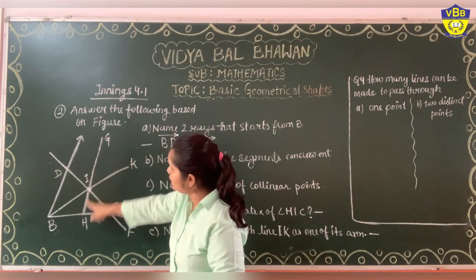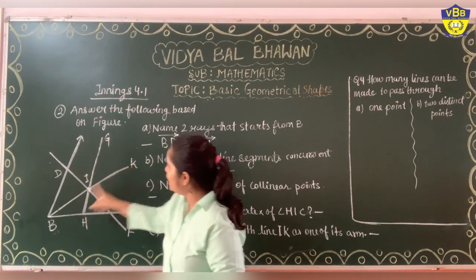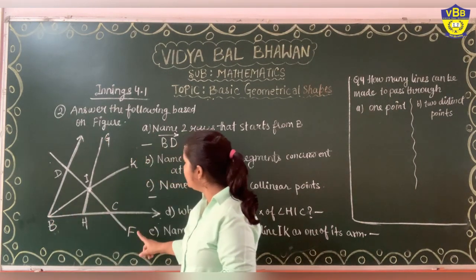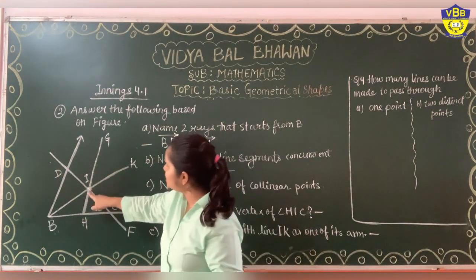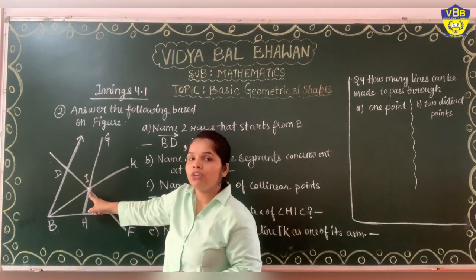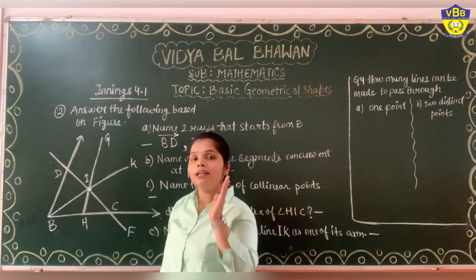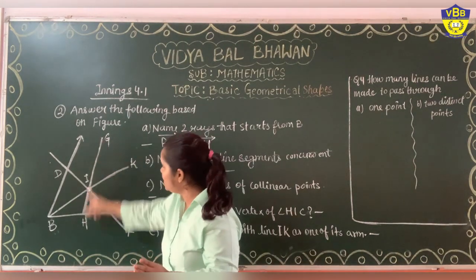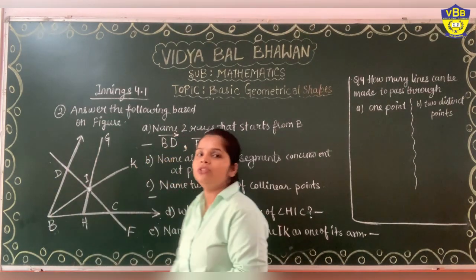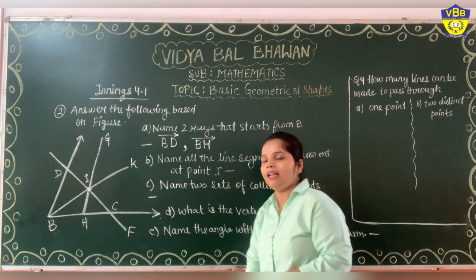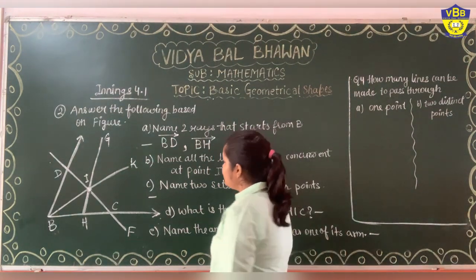You can see GH, KB and FD. These are the three lines. On I, which line segments are intersecting? GH, KB, FD. So these are concurrent lines. Write the name, line segments.